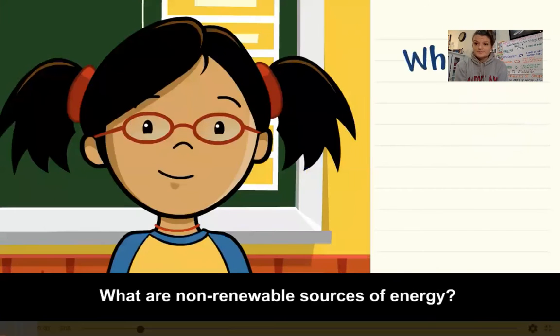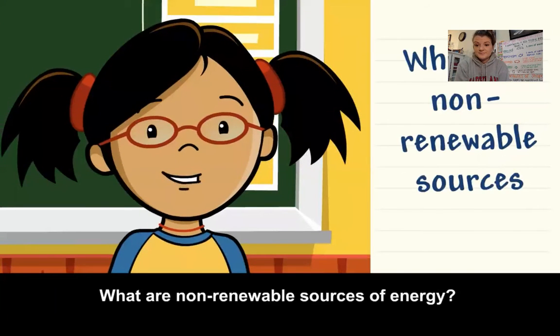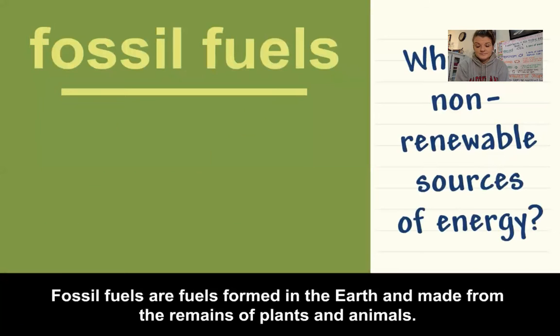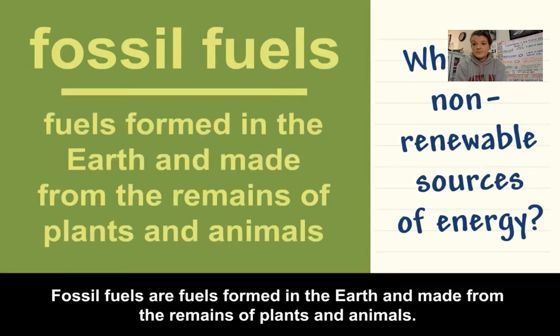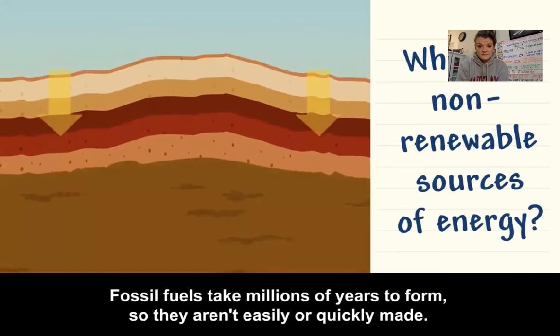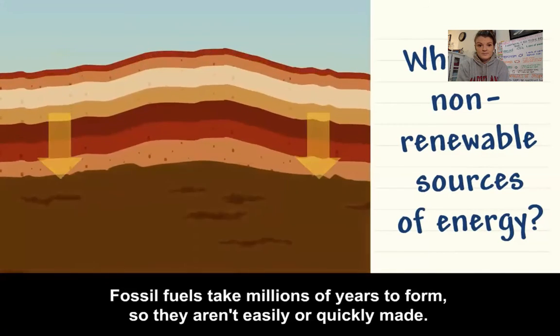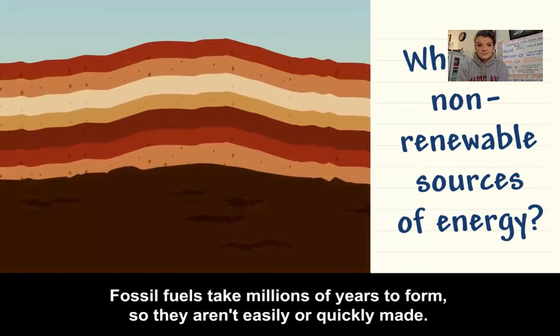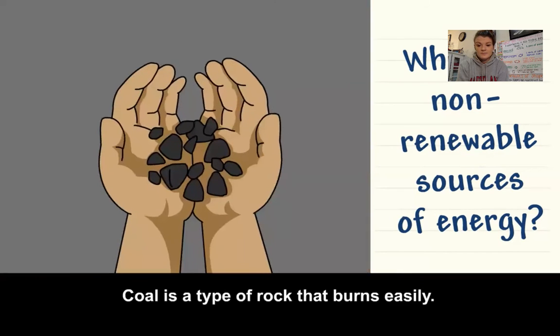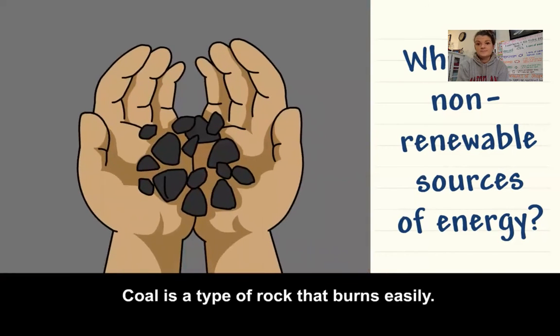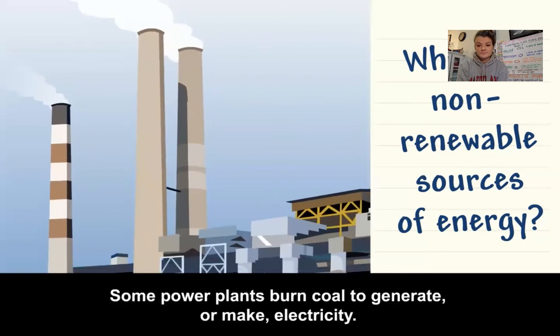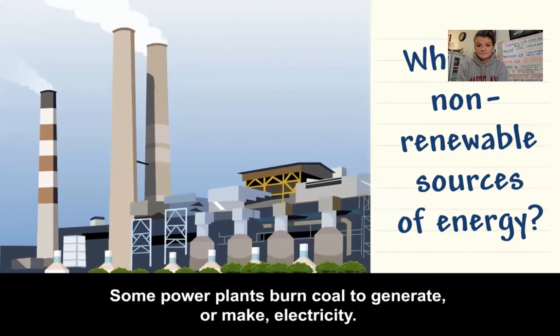What are non-renewable sources of energy? Fossil fuels are fuels formed in the earth and made from the remains of plants and animals. Fossil fuels take millions of years to form, so they aren't easily or quickly made. Coal is a type of rock that burns easily. Some power plants burn coal to generate or make electricity.